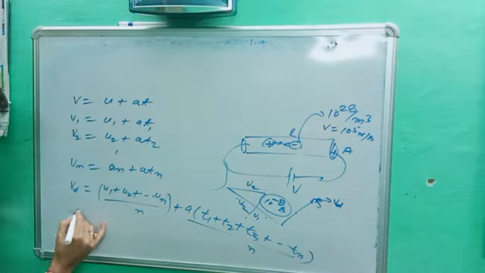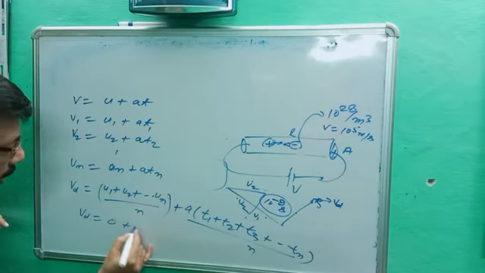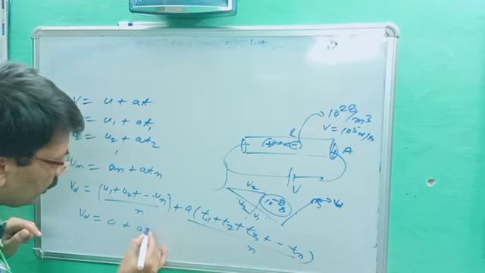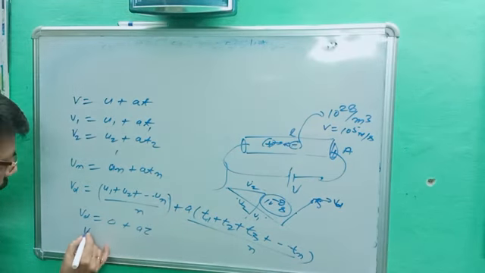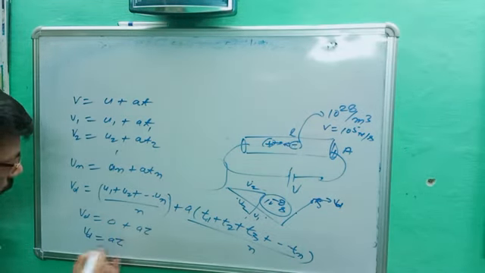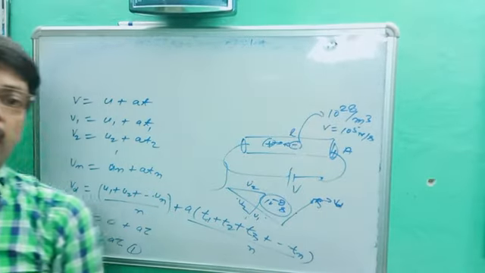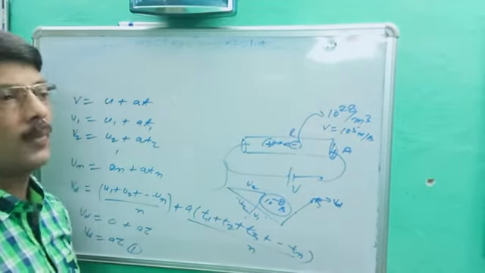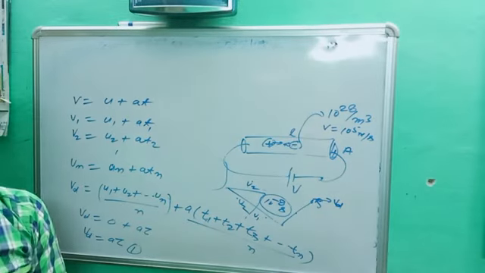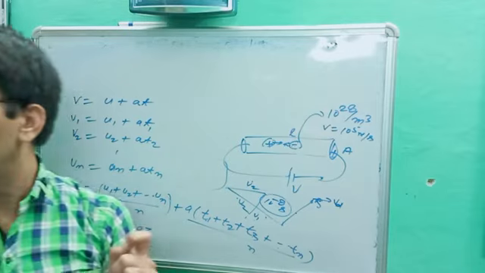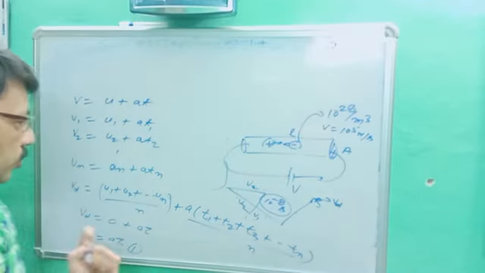This is 0, you better know. This is 0 plus A times T1 plus T2 plus T3 plus so on, Tn upon n. It is represented as tau. So we will get Vd is equal to A tau, equation number first, where tau is called relaxation time, note it down. Tau is the time between two successive collisions, the total time taken by the electron between two successive collisions.